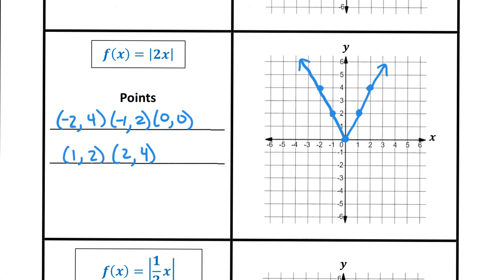So here we have the 2 inside, and so it creates a horizontal compression. Horizontal compression. So it's pushing the arrows closer to the y-axis.